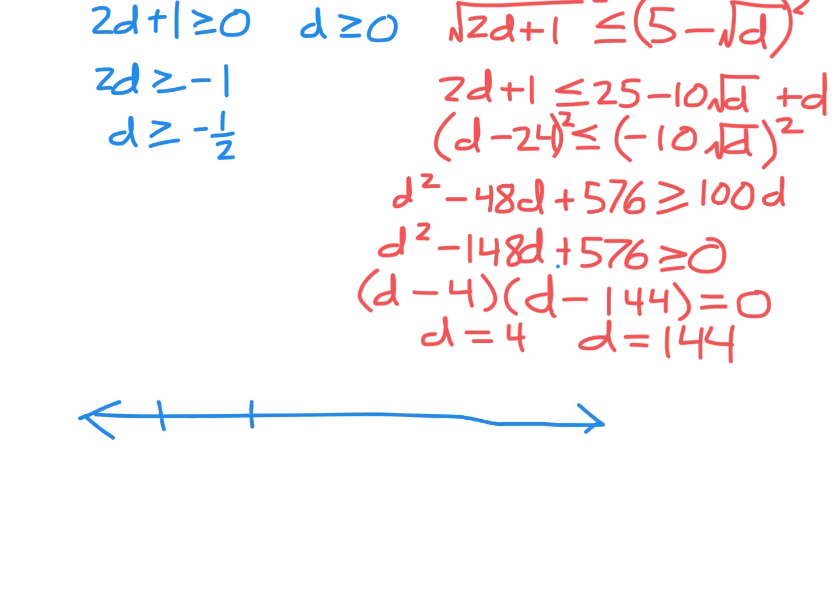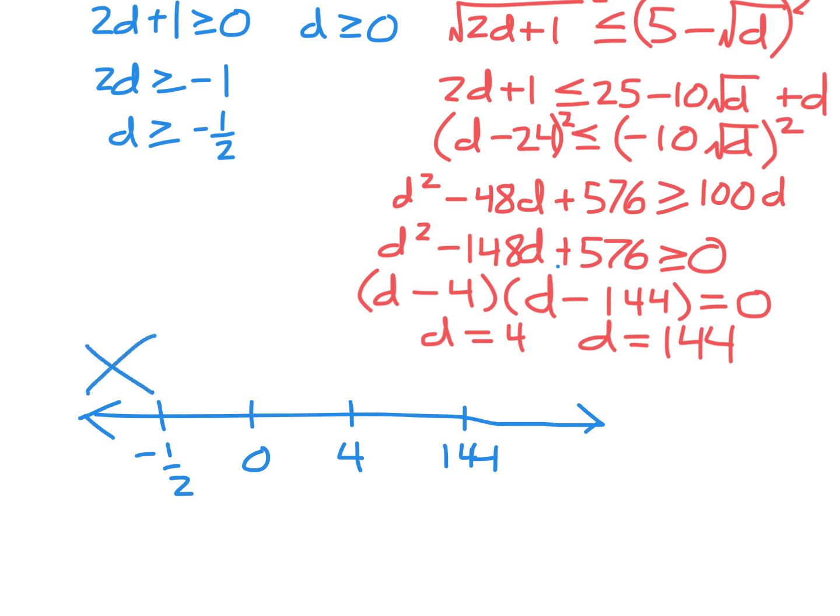All right, so we had 4 numbers, and this is not drawn to scale. We had -1/2, 0, 4, and 144. All right, so remember that the numbers that came from making the radicands non-negative, those inequalities are always correct.